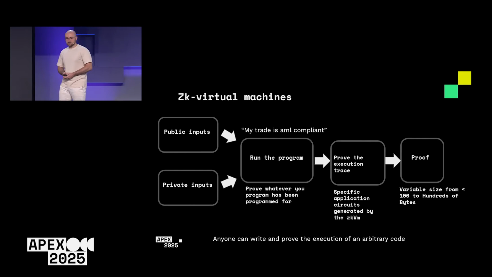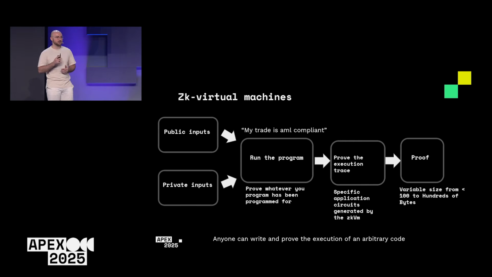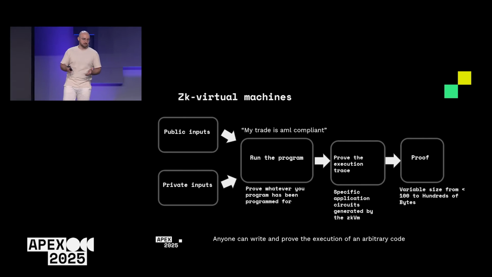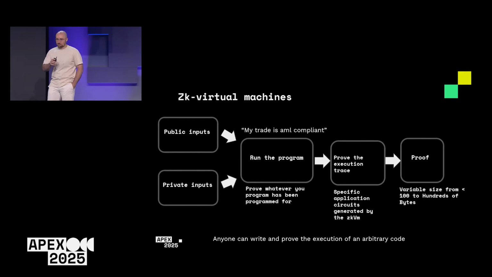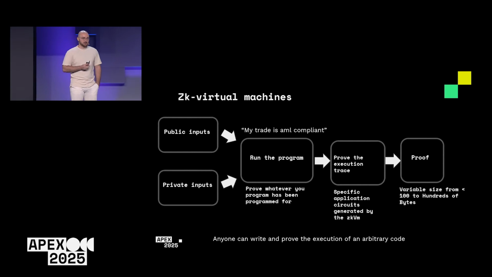On top of these circuits, we recently, like 5 years ago, added what we call zero-knowledge virtual machines. It's a new layer of abstraction allowing you, as a programmer, to write any code in a lot of different languages, but mainly Rust for now, write a script, whatever it is, and then execute it and prove that its execution went well. The idea behind it is that you can create a really complex script, which can take thousands of lines, and you don't have to build a specific circuit for this script.